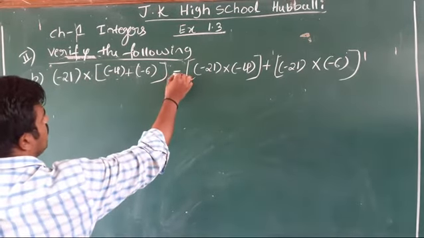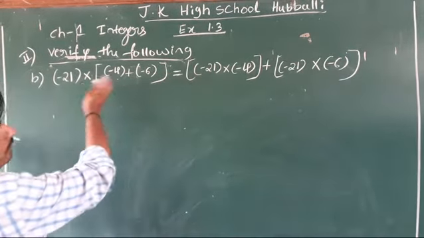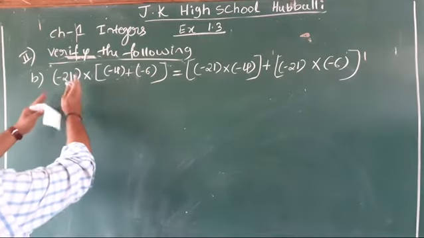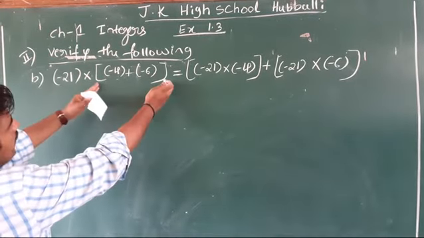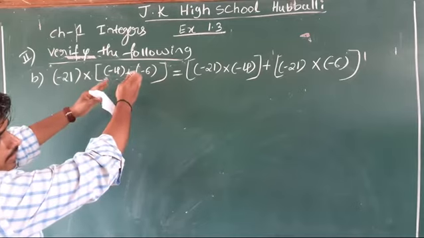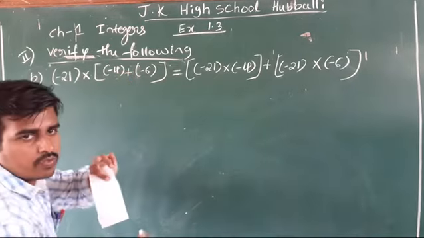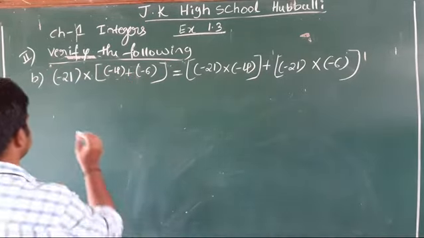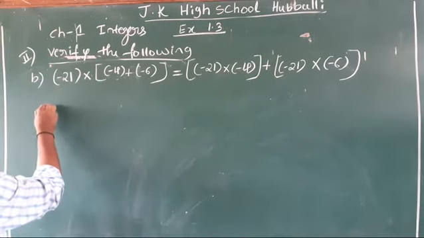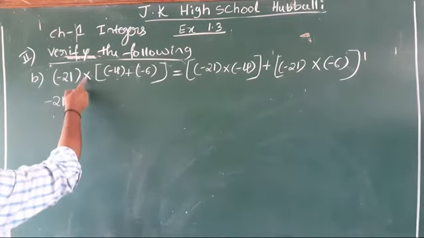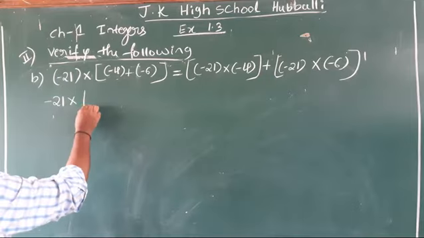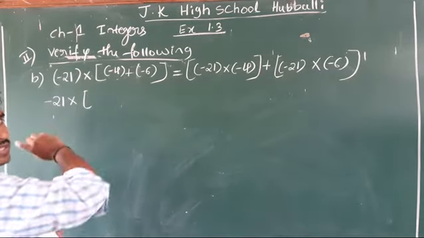LHS means the left side of the equality sign. We solve it. One small bracket, one large bracket is there. Inside, first our step is to open the small brackets. Open this: plus into minus, minus 21, this into as it is. You can't directly open the bigger bracket.